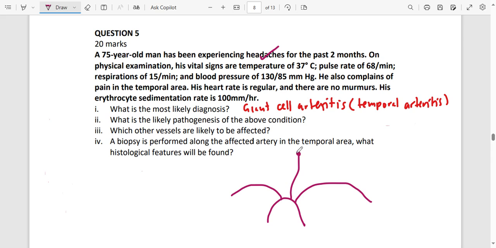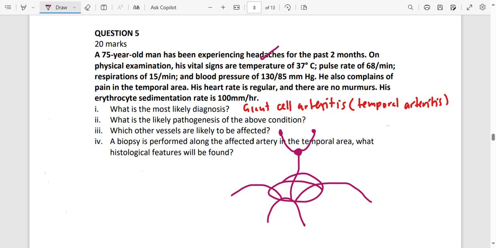Most of the problem is coming from the common carotid, internal and external. From the external you can get specific branches, and from the internal, and also others which are branching from the arch of the aorta.